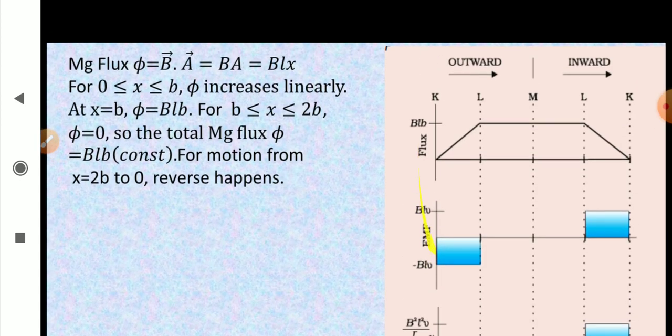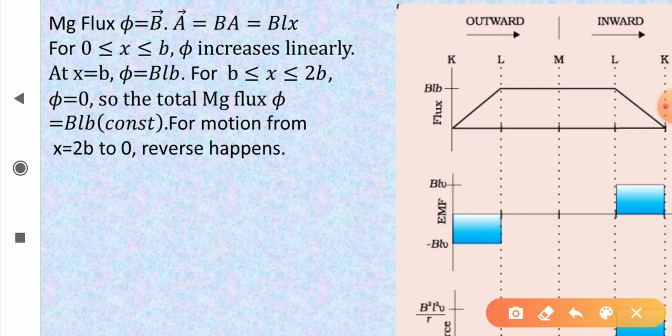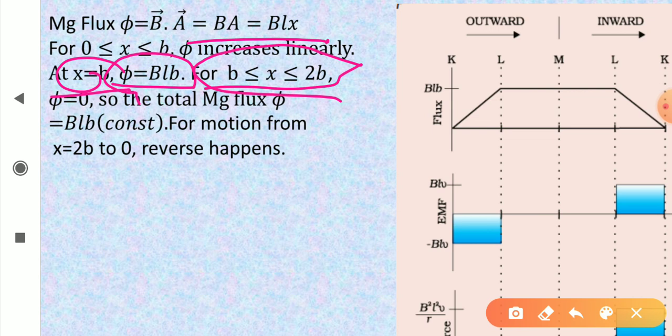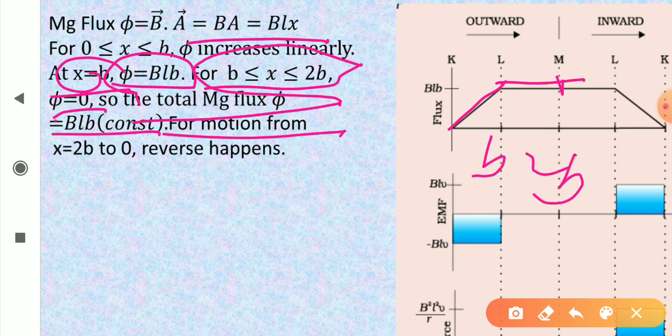So this is the relation for flux. At x equal to b, the flux will become BLb, and for b less than or equal to x less than or equal to 2b, the flux in the outer region is 0. So the total flux will be the sum of the fluxes in the two separate regions, and that is BLb, constant. So initially the flux is increasing linearly, then this is b, this is 2b, it becomes constant.